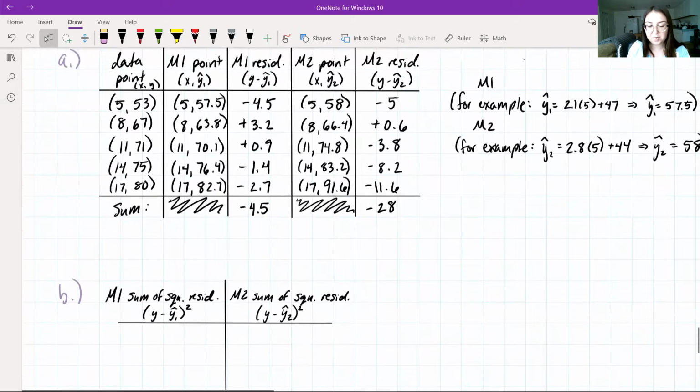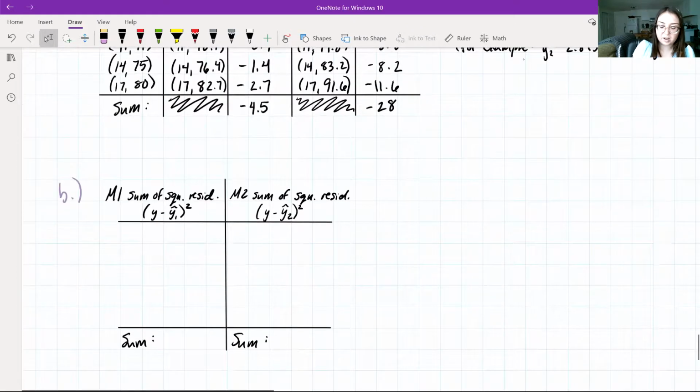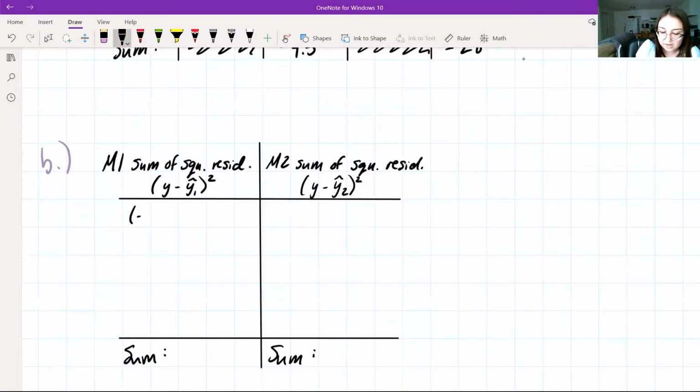So for our Model 1 sum of squared residuals, it's basically the same thing, now we're just squaring. That very first value, negative 4.5, we're going to say negative 4.5 squared. That is going to give us 20.25.